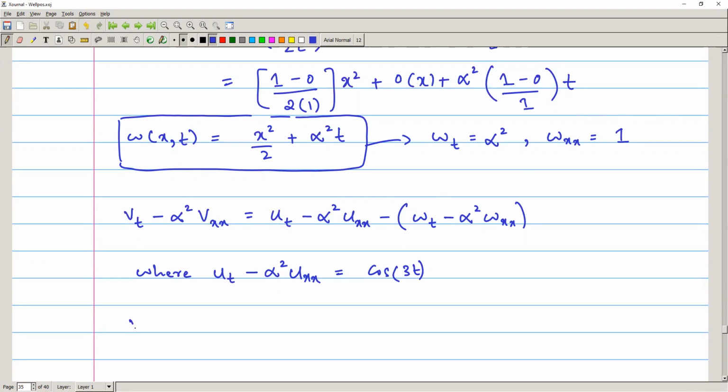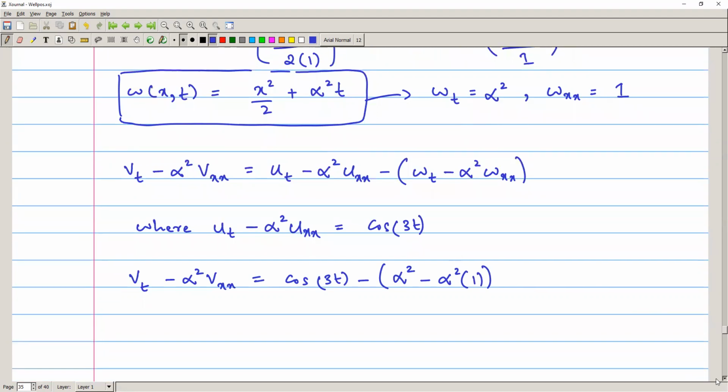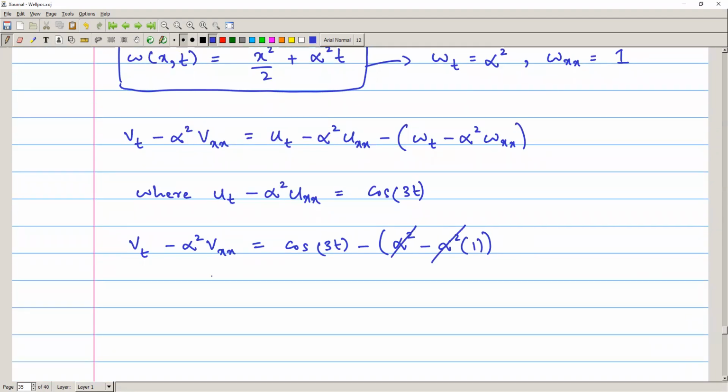So we can plug the values in, and it becomes v_t minus alpha squared v_xx is equal to cosine 3t minus (alpha squared minus alpha squared times 1). So this will cancel out and we are left with v_t minus alpha squared v_xx is equal to cosine 3t.